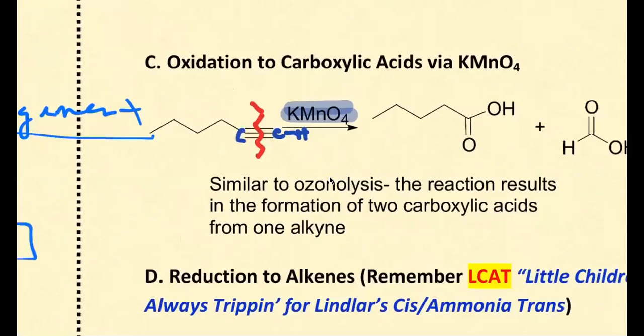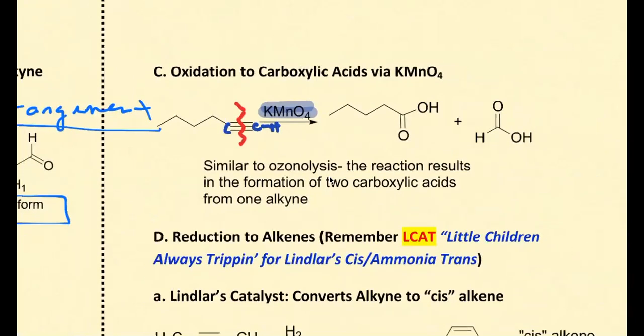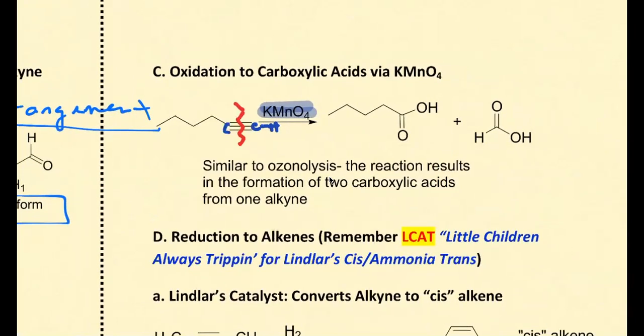But this is just like ozonolysis, in that you take the triple bond, you crack it in half, and both carbons in that triple bond become carboxylic acids. All right. Any questions about that reaction?